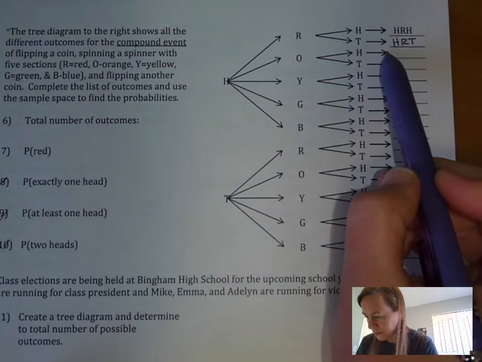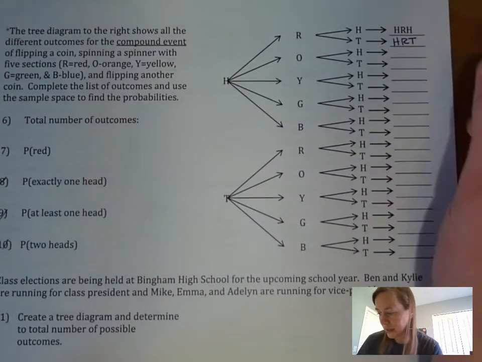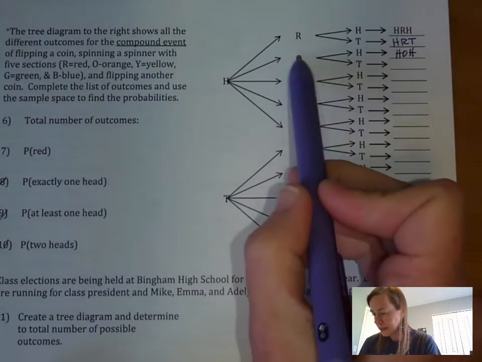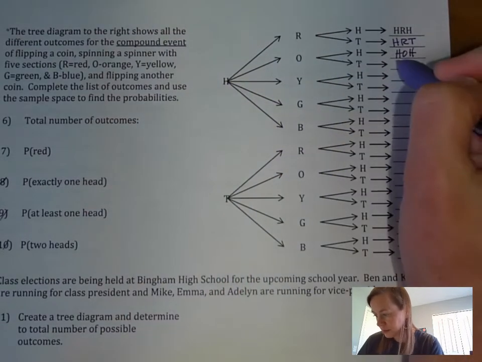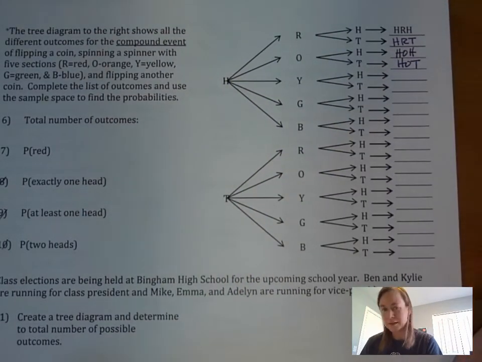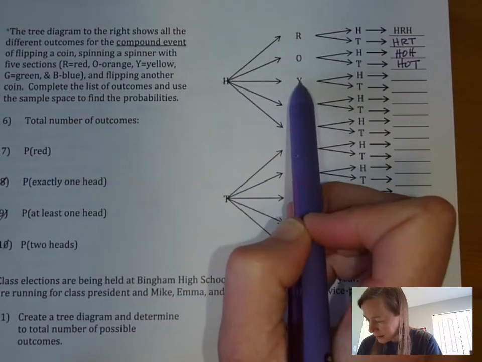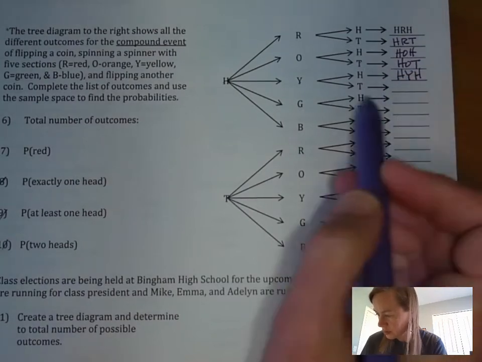For the next one, and if it helps you to follow it backwards, you can certainly do that. Heads, orange, heads. And then next would be heads, orange, tails. Let's keep going. Heads, yellow, heads, HYH.